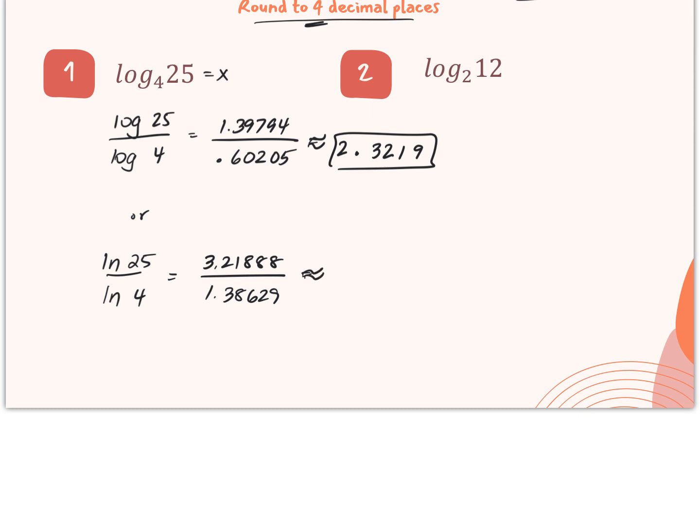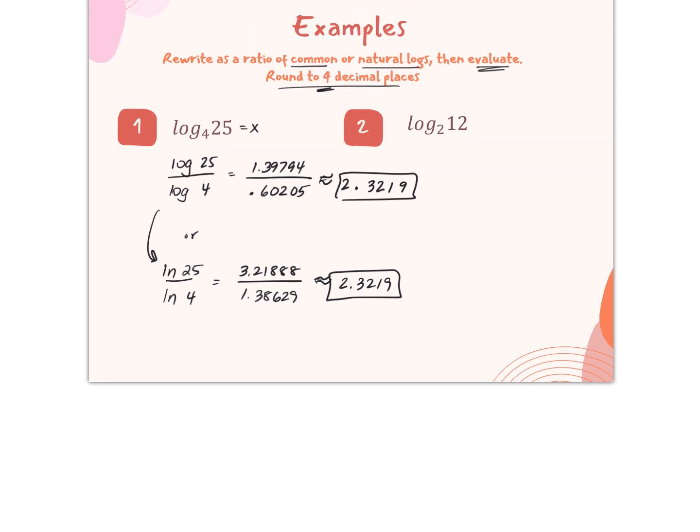When I divide that, natural log of 25 divided by parentheses natural log of 4, it's approximately 2.3219. Same answer, okay? You choose which one you want to use. I like to use natural log because it's less letters to write. I know that's weird, but that's what I do. And that's how you solve this change of base.